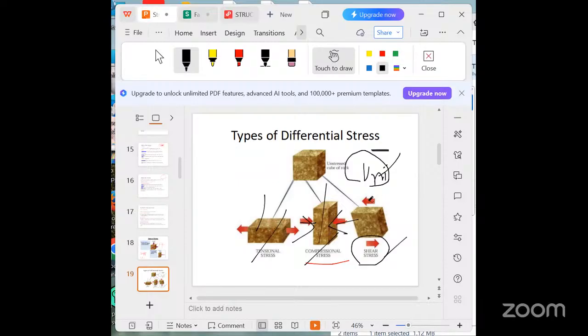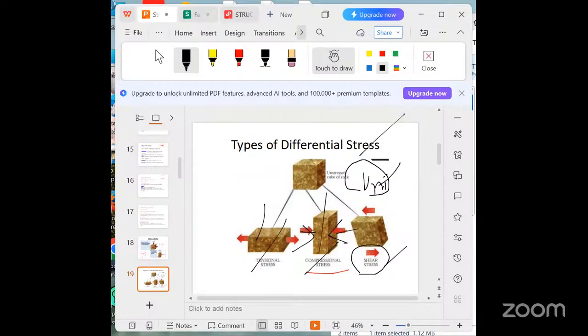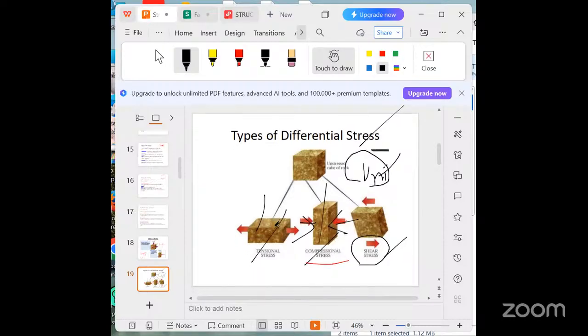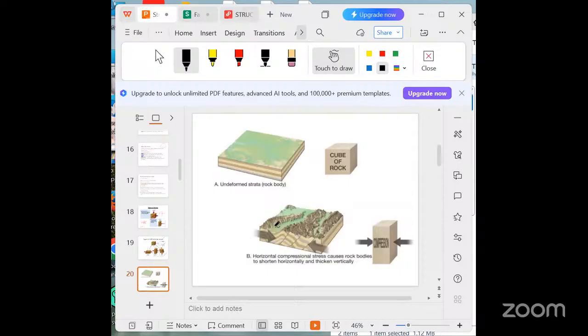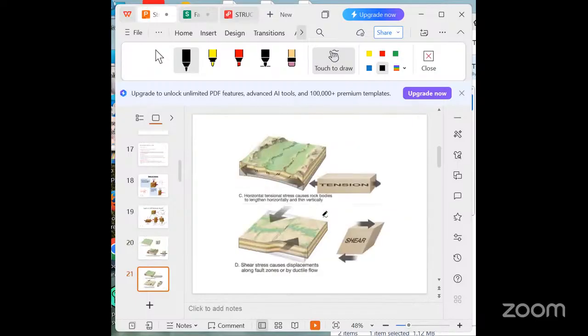It is essential to distinguish between the external force that is applied to a body and the resulting internal action and reactions that constitute this stress. Here are some pictures of tensional stress and shear stress.